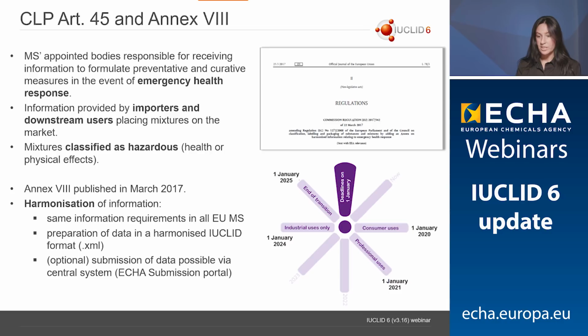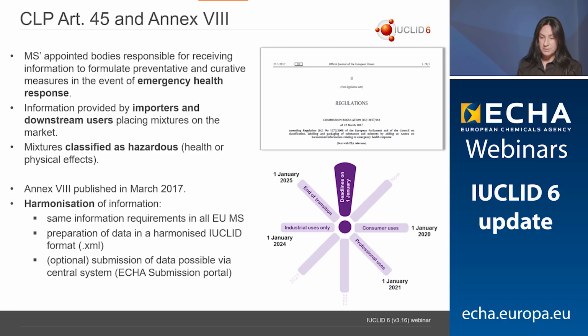For mixtures that are for professional use, the notifications have to start from 1st January 2021. And for mixtures that are for industrial use only, notifications can start from 1st January 2024.